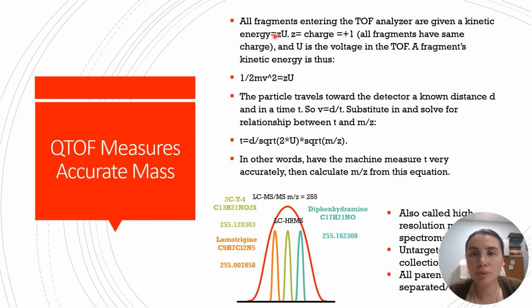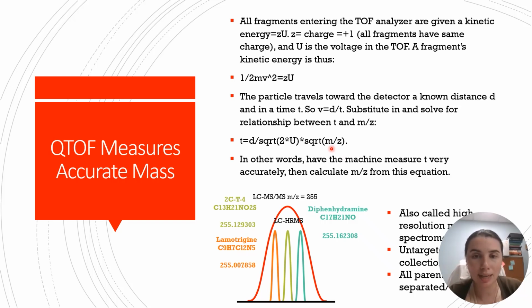And I'm sorry for putting math on your screen here, but this is just to show you that when you relate the kinetic energy of the individual particles entering the time of flight tube and the voltage applied to the TOF, you can get a relationship that essentially shows you that by very accurately measuring the time of flight, you very accurately measure mass per charge.